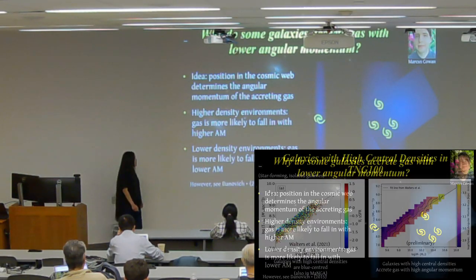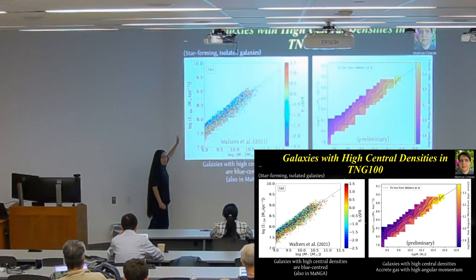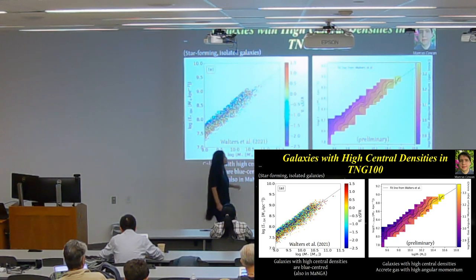Okay, so let's take a look then at the same diagram. This was the core density versus stellar mass, color-coded by the gradient in SSFR. So remember, higher core densities give you bluer centers. We also had this diagram color-coded by the specific gas angular momentum accreted at half R_vir, so quite far from the galaxy.